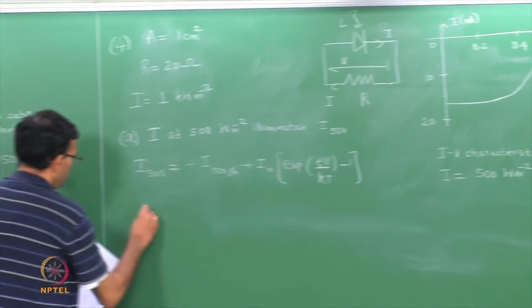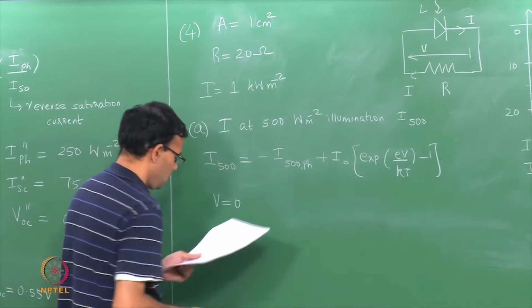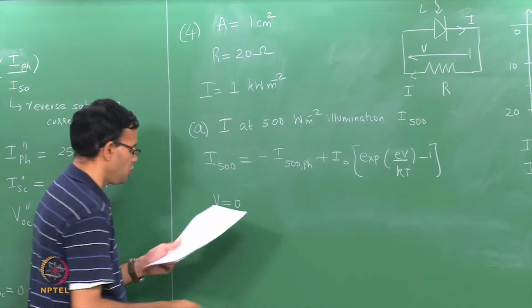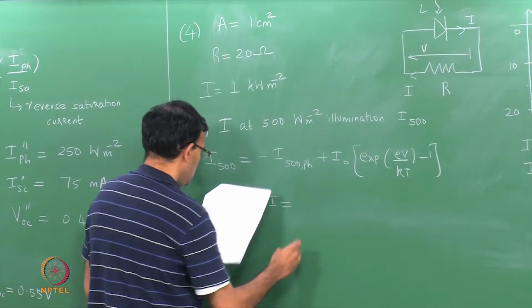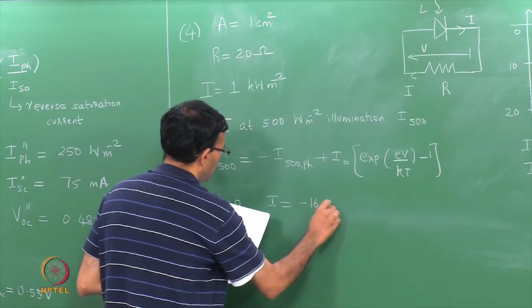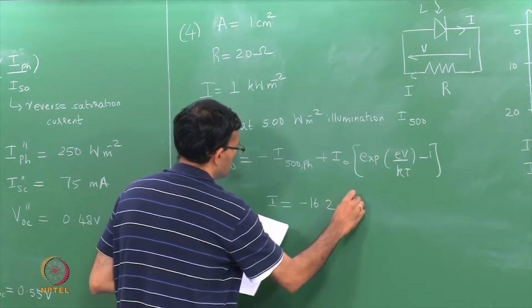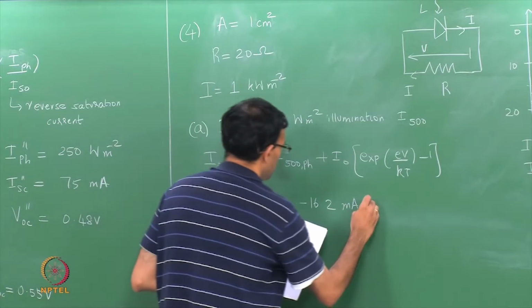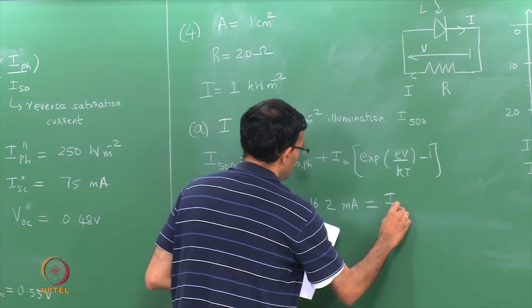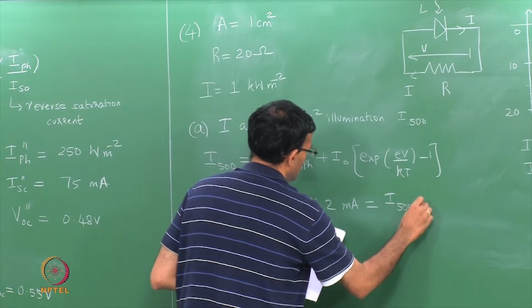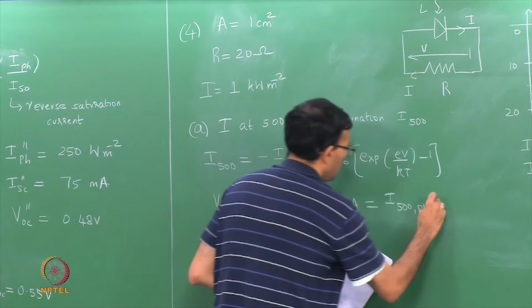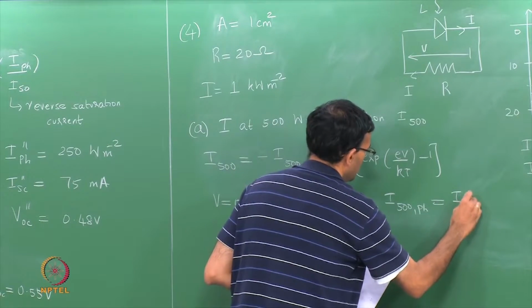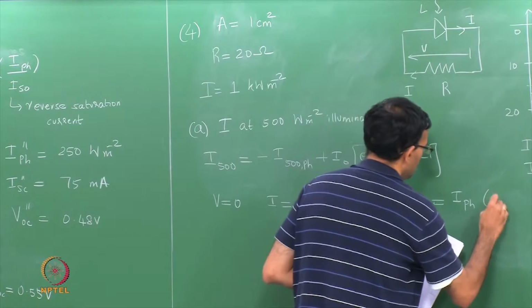So, when V is equal to 0, this is your short circuit voltage, the corresponding current I is minus 16.2 milliamps. This is nothing but I 500 comma pH, and just for simplicity I will write this as I pH. So, this is the short circuit current.